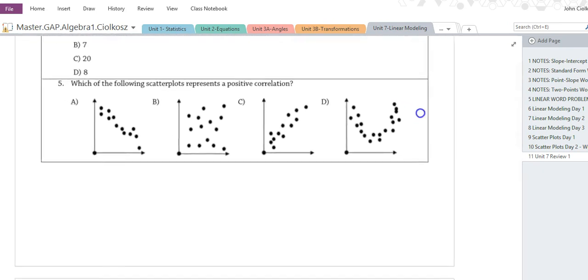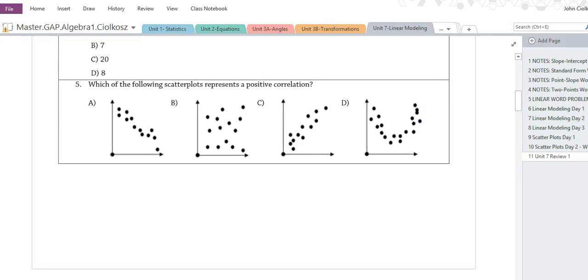Okay. So, correlation. Essentially, if it's going down from left to right, it's negative. That just means if I drew a line, it'd be going down. If I look at C, well, this is going up, so this is positive. Correlation just means, what's the slope look like?